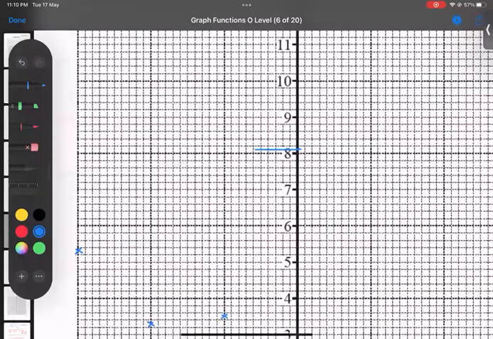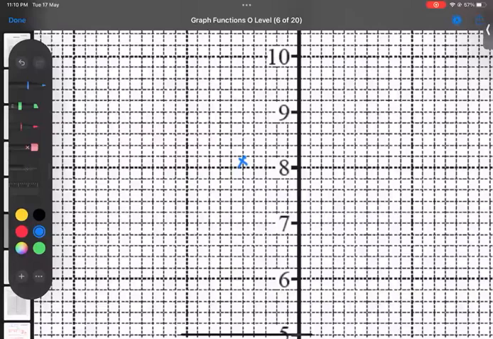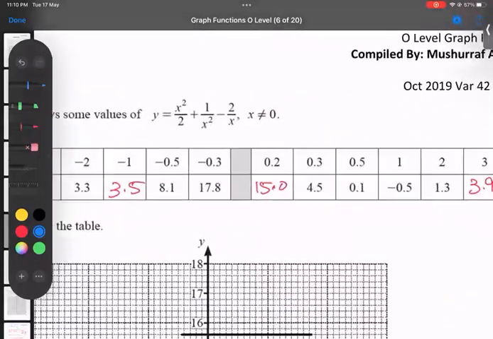So I meet it, and 5 boxes: 1, 2, 3, 4, 5. So this is the point I was looking for. Alhamdulillah Rabbil Alameen. Clear. One more point is left.